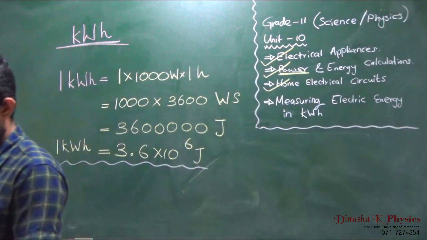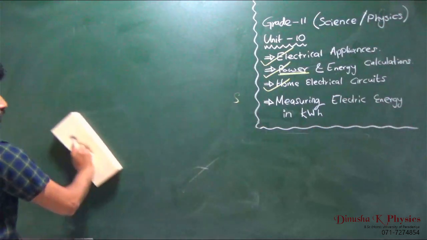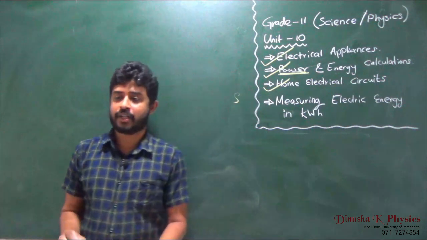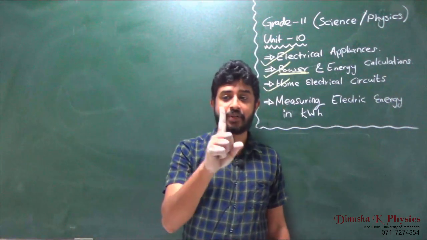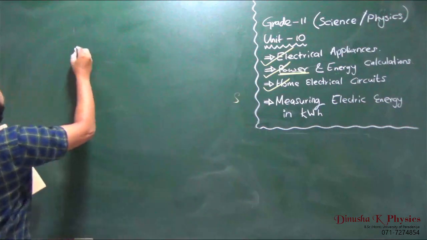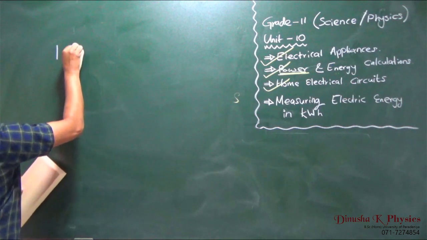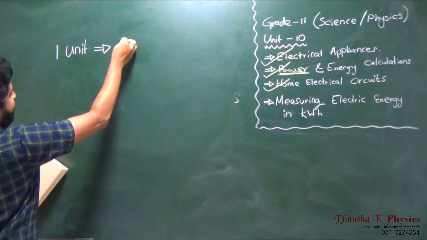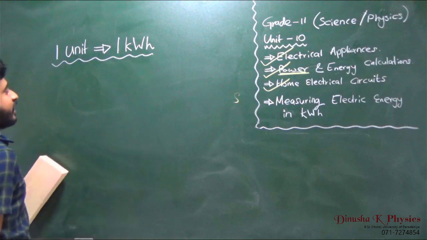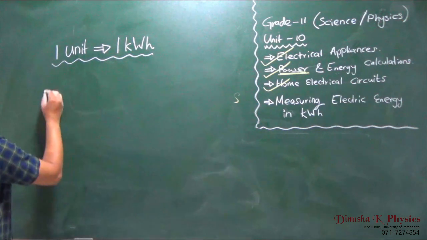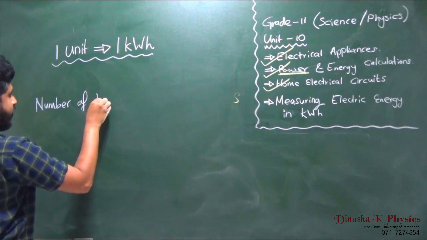So to calculate the number of kilowatt hours, what can we do? The number of kilowatt hours is what we call a unit on the electrical bill. The electrical bill shows the number of units. 1 unit is 1 kilowatt hour. This is not in your syllabus; I mentioned the electrical bill just as an example. So how do we calculate the number of kilowatt hours, the number of units?